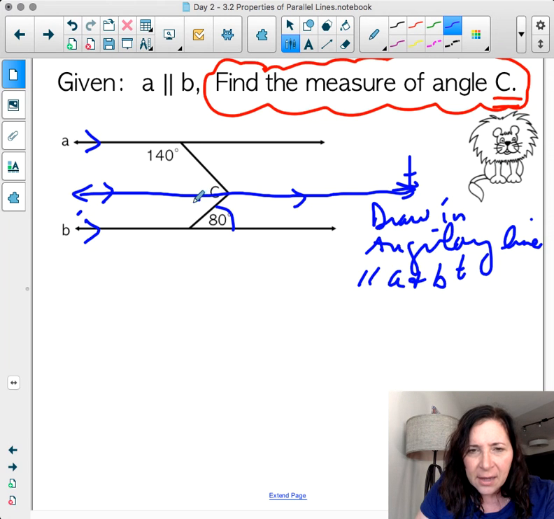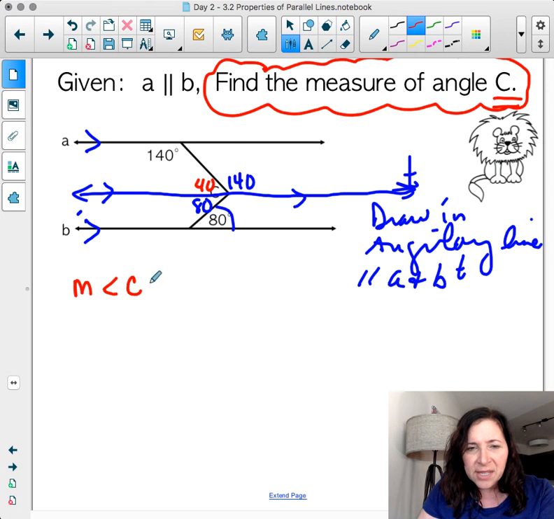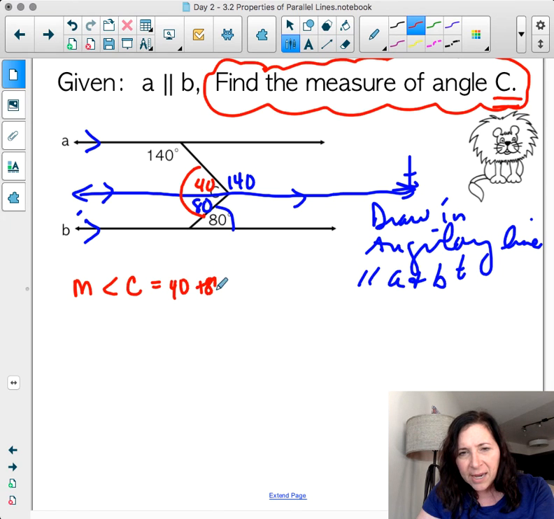See, that's 80, so is that. And if that's 140, this is 140, which then makes this angle right here 40 because that makes 180. So when I want to know what the measure of angle C is, it's going to be both of these angles together, which is 40 plus 80, which is 120 degrees.